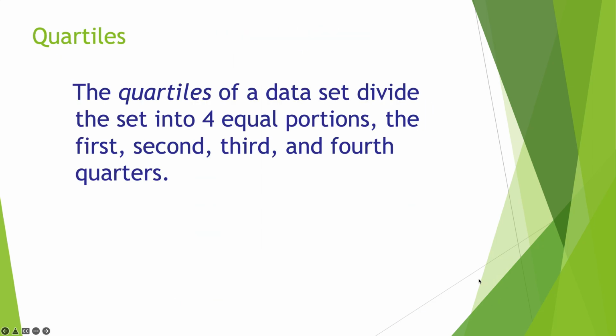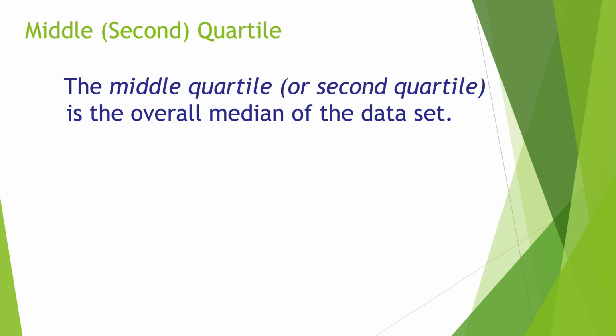The quartiles of a data set divide the set into 4 equal portions. 4 quarters, the first, second, third, and fourth quarters. Kind of like a football game. Now, in the middle, the second quartile is the overall median.